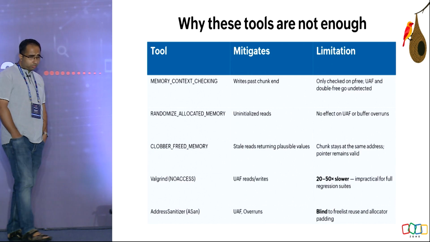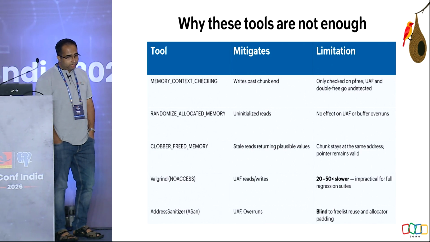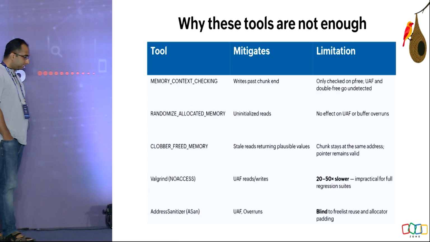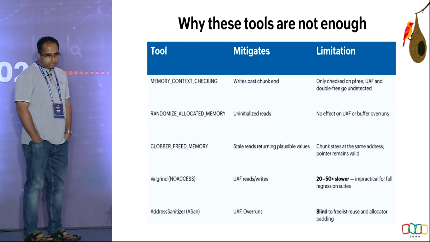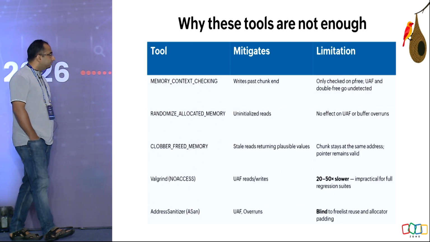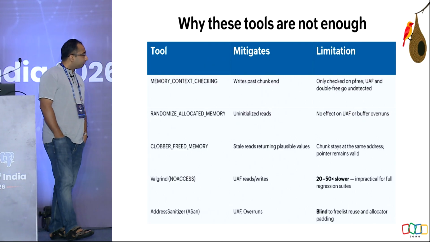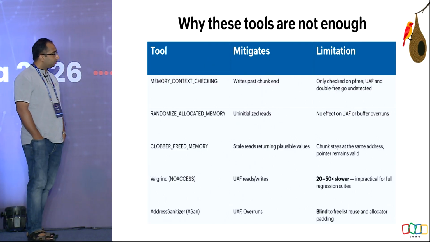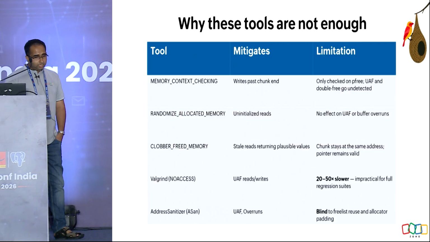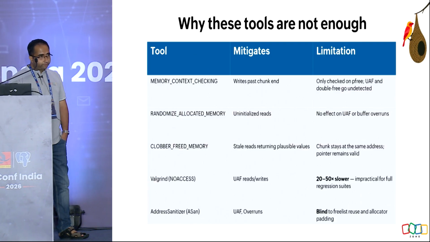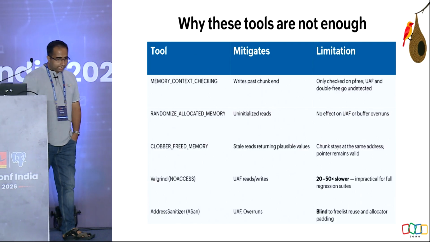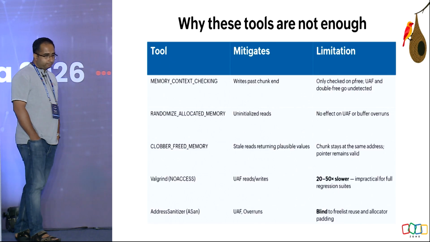Just putting all these tools in a single slide here. You have memory context checking, which can detect writes past the chunk end, but this is detected only at the end of the transaction, and you wouldn't know exactly where it happened. The other thing is randomized allocated memory.